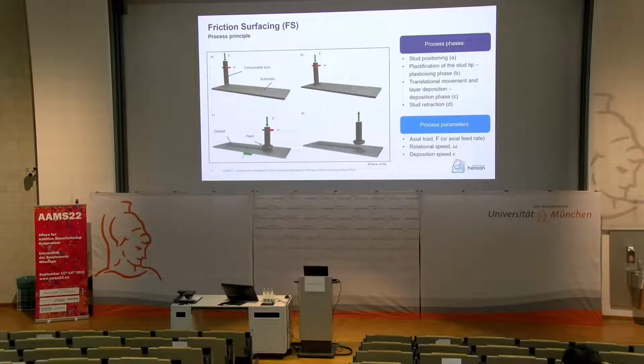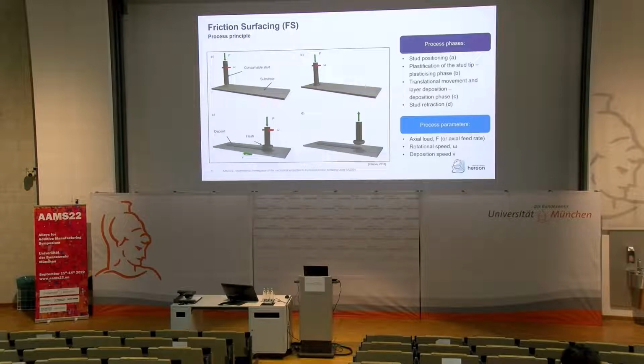Also in this part, the heat generation due to the friction shifts to heat generation due to plastic deformation, which is very useful when we want to deposit layers, like we do in the third step of our process. When we superimpose a translational movement with a certain speed, we are able to build a length deposit.